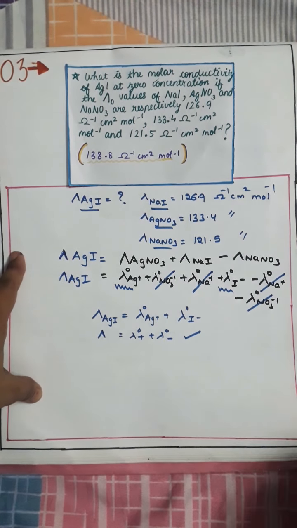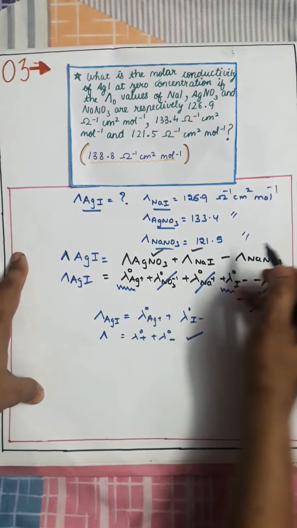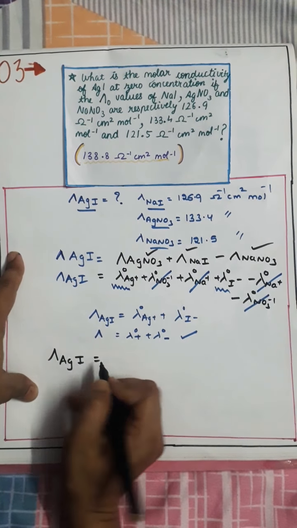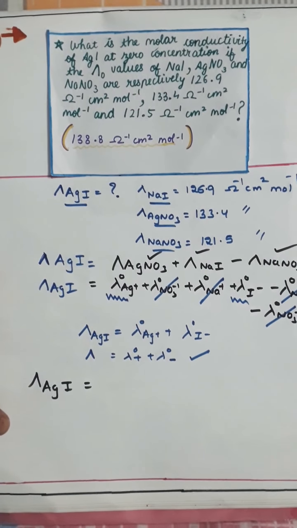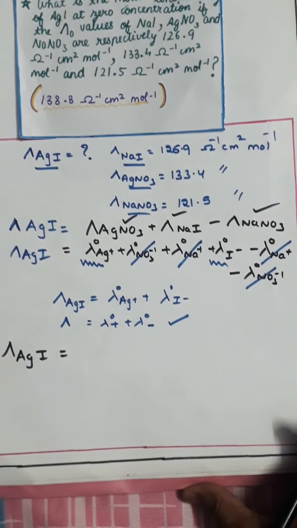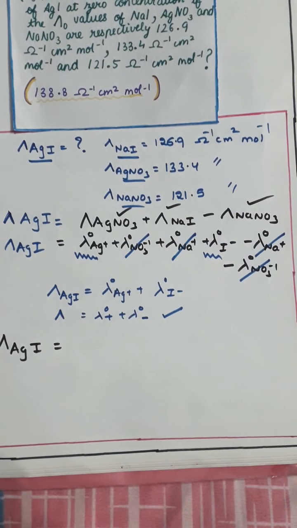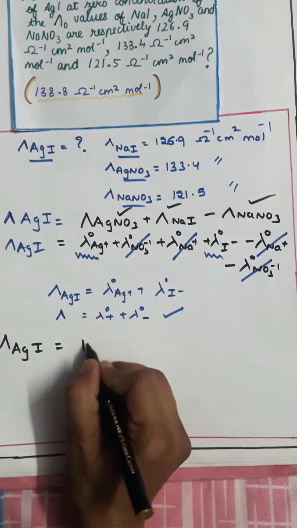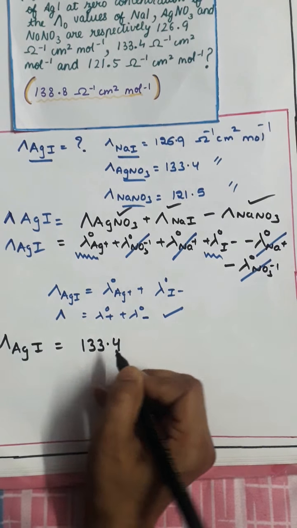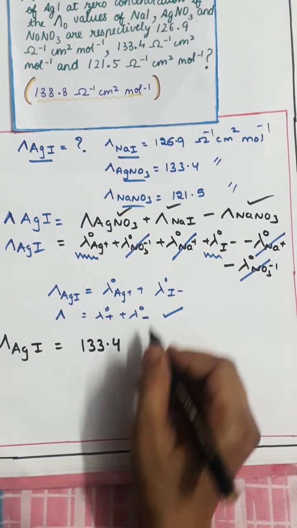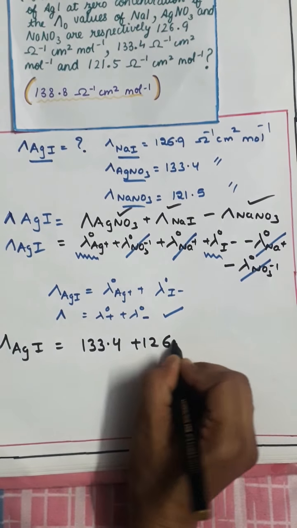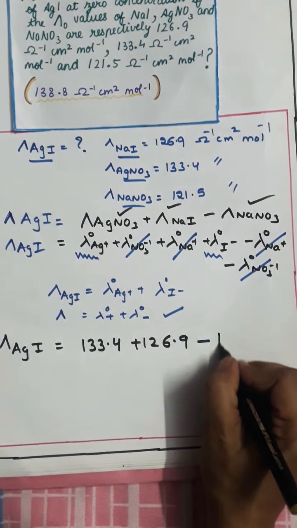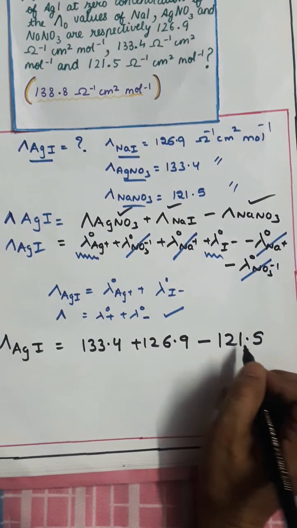Now we substitute these values. Lambda of AgI is equal to, AgNO3 first, 133.4, then NaI plus 126.9, then minus NaNO3, 121.5.